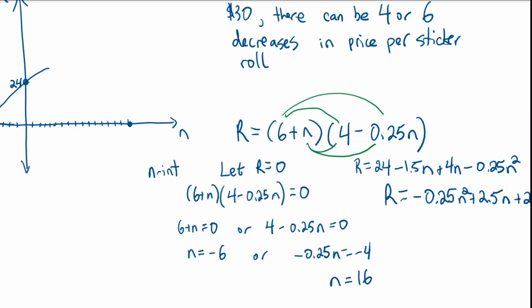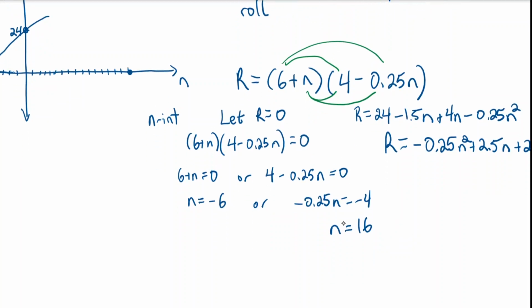The way we can do that based on these two numbers is to figure out the average of these x-intercepts, or let me call them n-intercepts, right? If I take the average of this value and this value, it's going to take me to the middle, and due to symmetry of a quadratic, that middle point is going to tell me the n value of the vertex, which is what I'm trying to find. The vertex is where the maximum is.